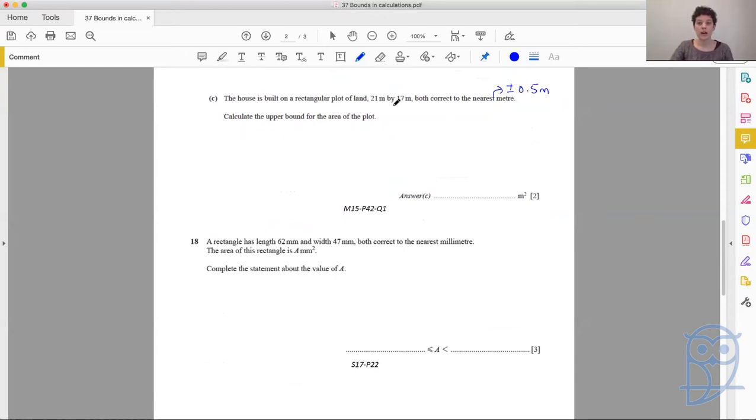So, our plot is 21 by 17. We're going to need both of these measurements put into bounds. So we have length in meters, 21 minus 0.5, 21 plus 0.5.